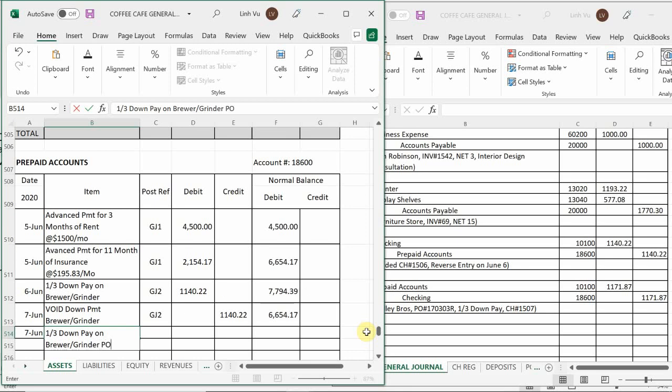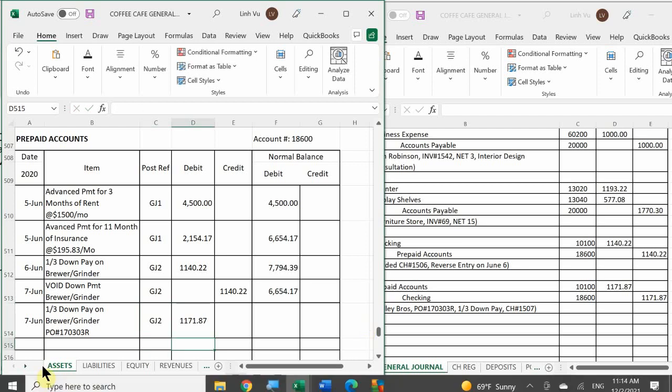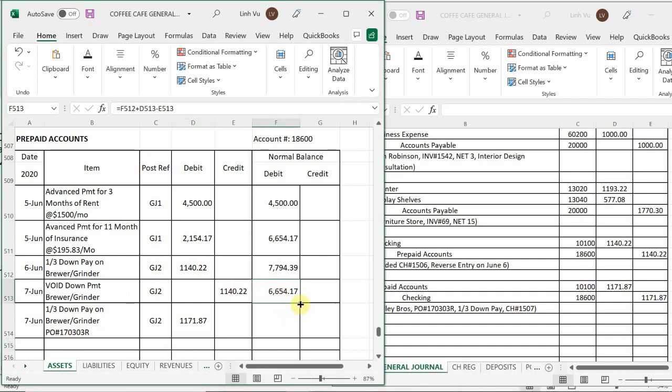And I'm also going to put the PO number here just to let you know the difference between the two, that this one's been revised. We're still on general journal number 2. And now this time, we're going to increase it by the 1171.87. So therefore, my account balance is now going to be for the correct amount of $7,826.04.